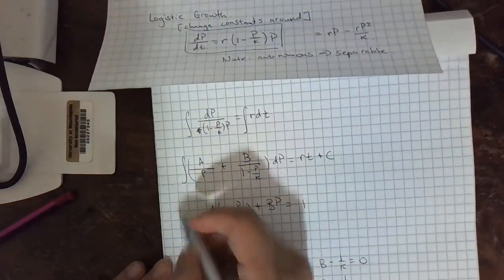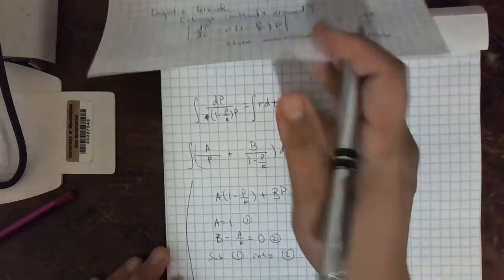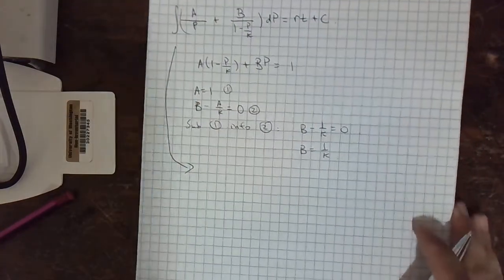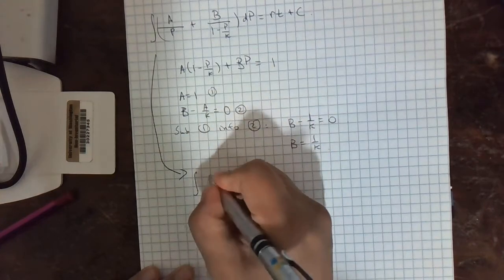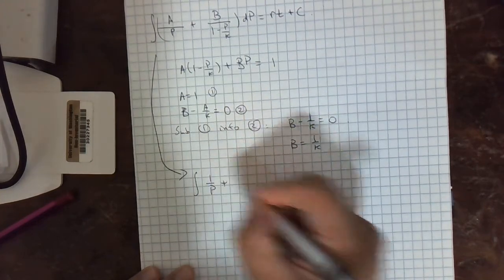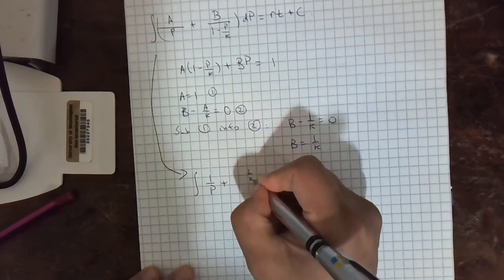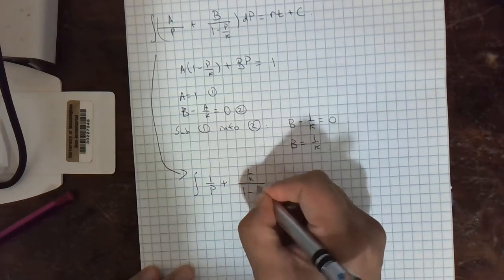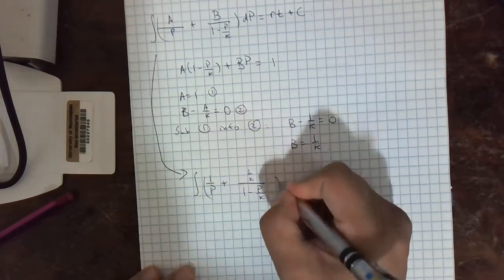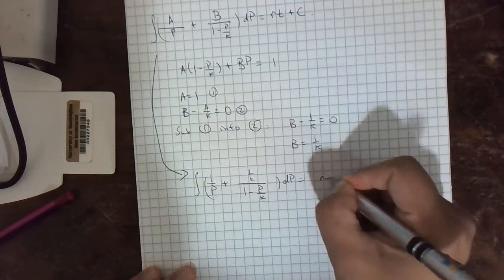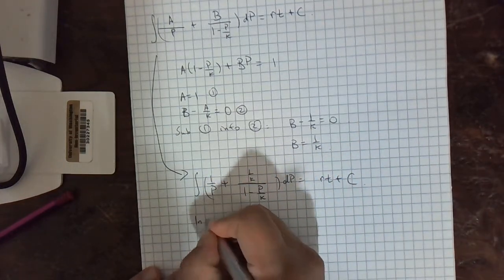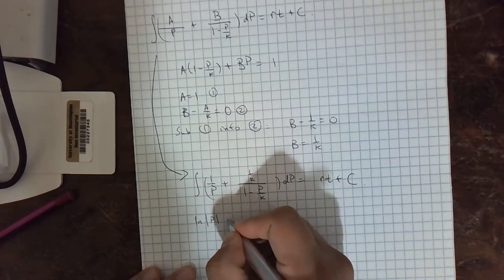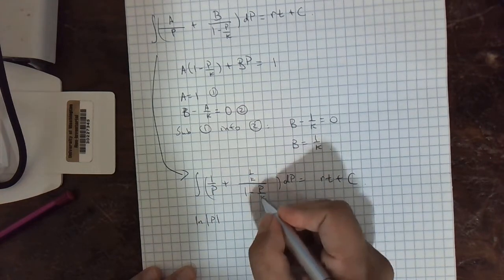Okay, so then we can actually integrate whatever these are now. A is 1, so integral of 1 over p plus, this is 1 over k over 1 minus p over k dp. Right-hand side is still rt plus c. Now we integrate. This is natural log of absolute value of p plus, or maybe minus, right?